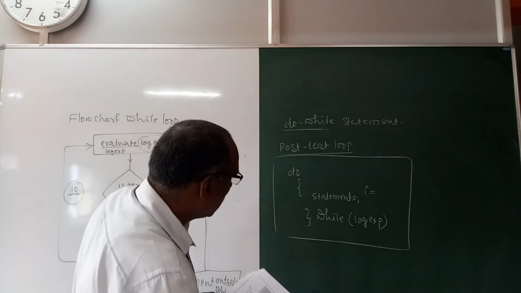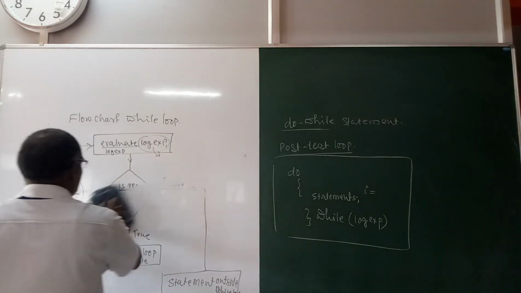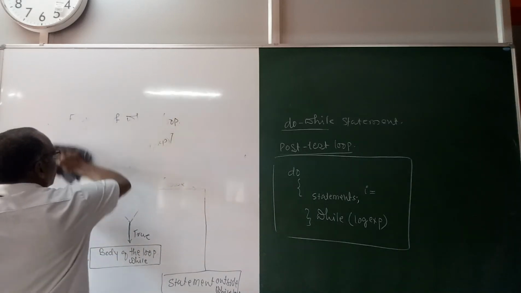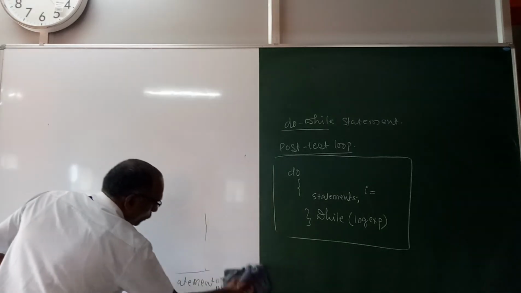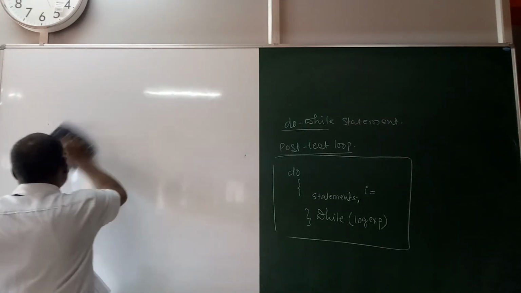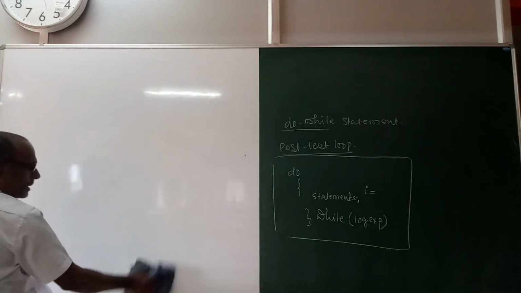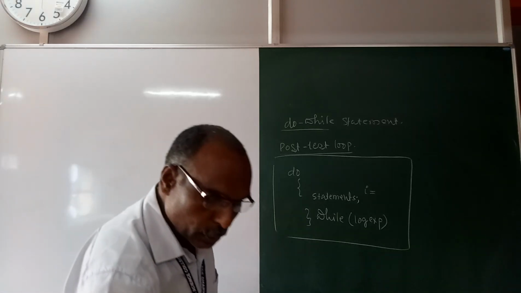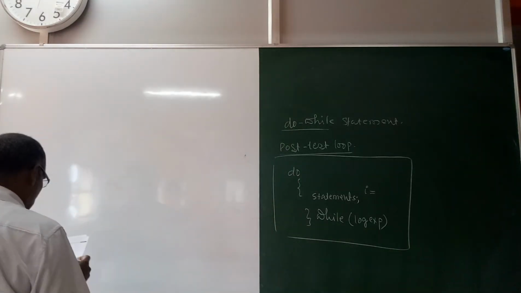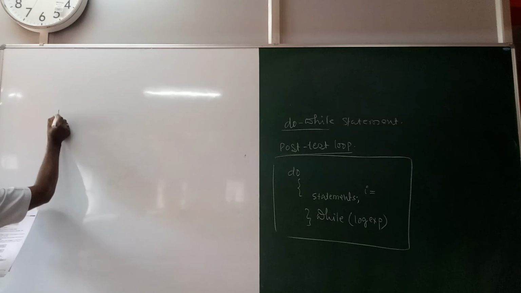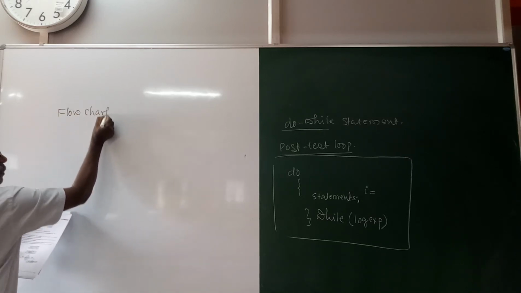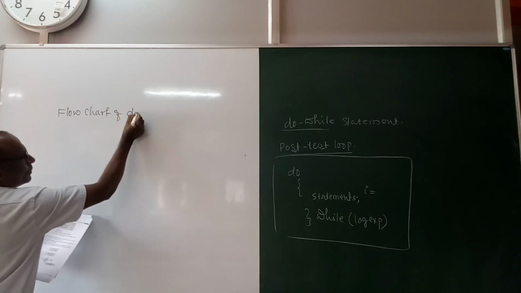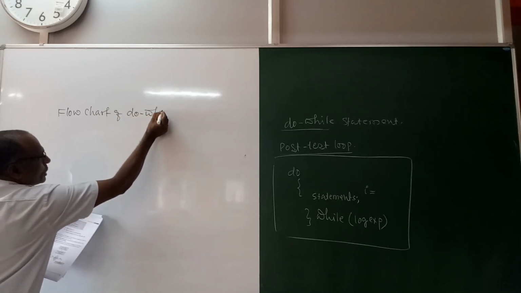Let's go for the flowchart of this and see how it runs. Using a flowchart helps us understand how the loop is executing. Flowchart of do while statement.